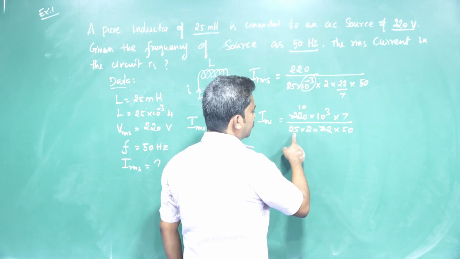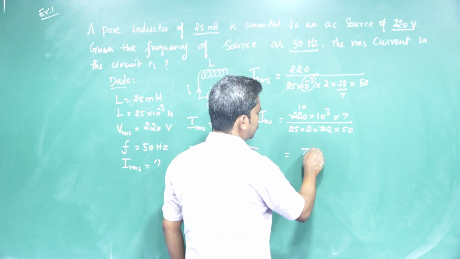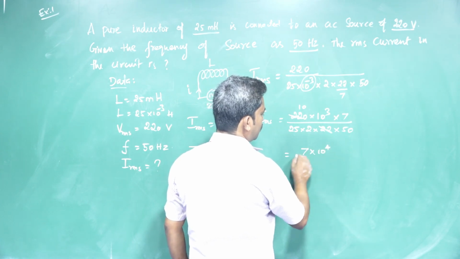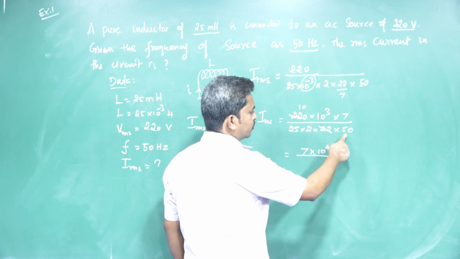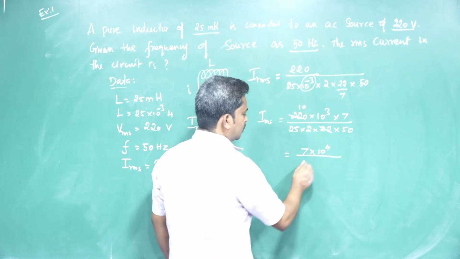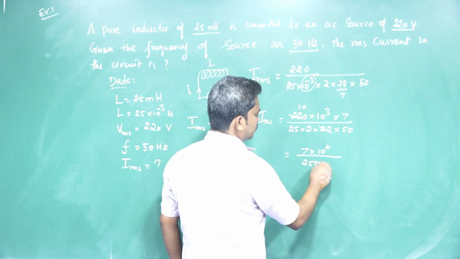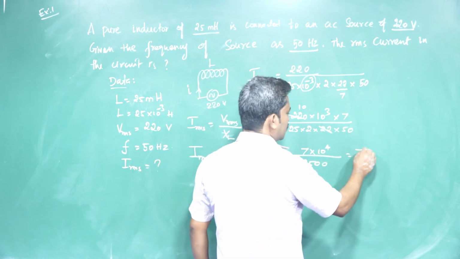Remaining 25 into 2 into 50. So this is 7 into 10 power 4 divided by 25 into 2 into 50. 50 into 2 is 100, 100 into 25 is 2500.